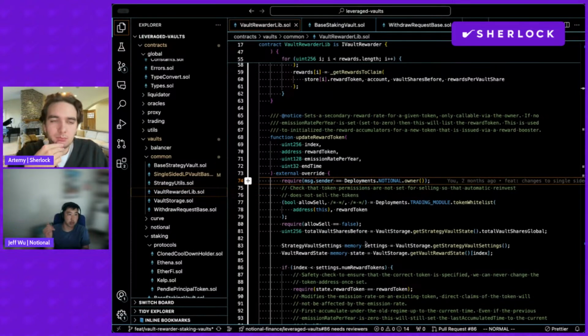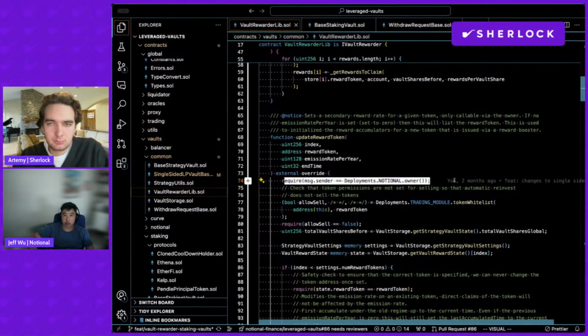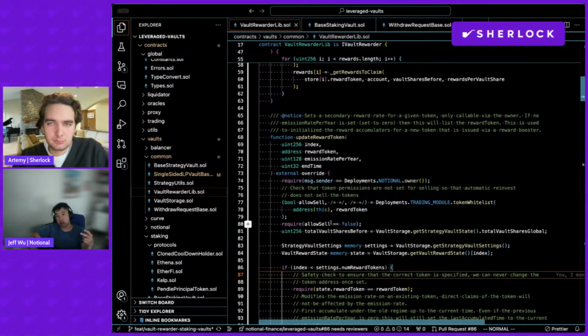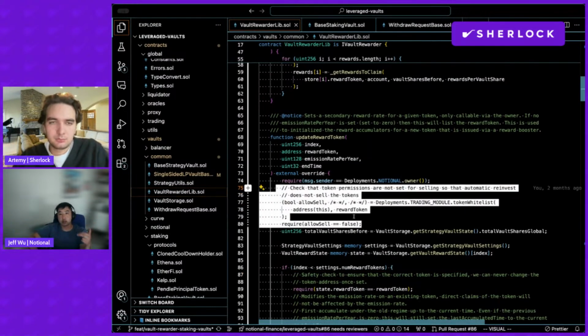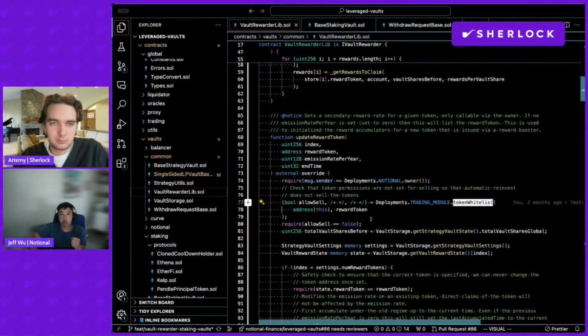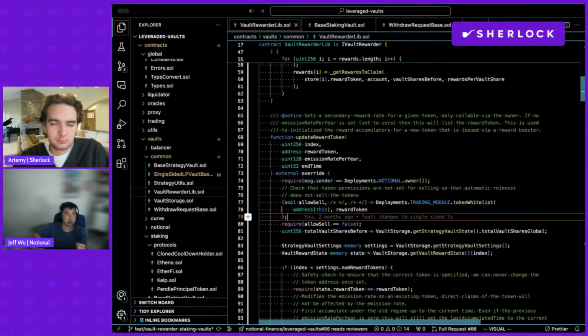So you can look at those require statements and judge whether or not they can be met. For this one, one is that it's coming from governance. Two is that since we're going into this account claim mode, we're checking that the trading module is not allowed to sell the tokens from this vault.